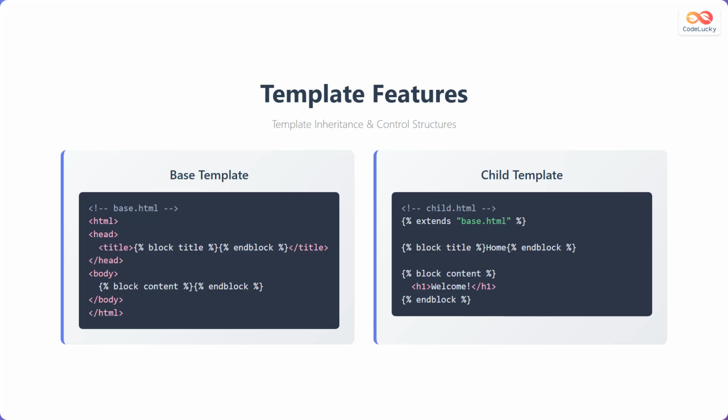You can then override specific blocks by redefining them in the child template. This approach eliminates code duplication and ensures consistent layout across your application. Template inheritance is particularly useful for maintaining common elements like headers, footers, navigation menus, and style sheets across multiple pages, while allowing each page to customize its content area.